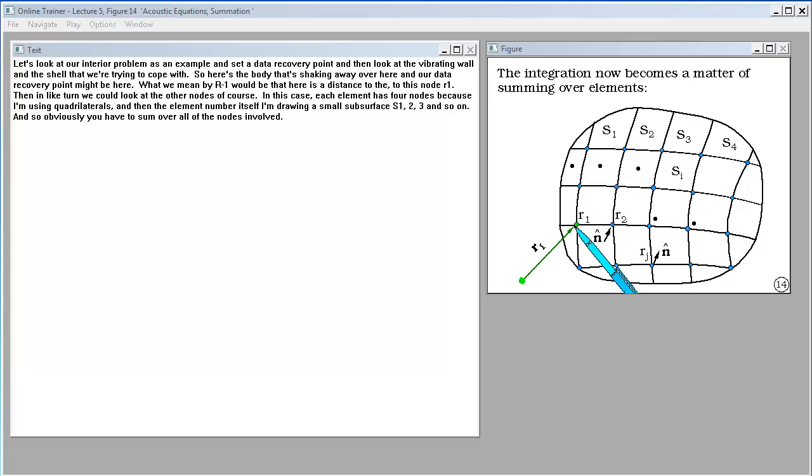Then, in like turn, we could look at the other nodes, of course. In this case, each element has 4 nodes because I'm using quadrilaterals. And then the element number itself, I'm drawing as small subsurfaces, S1, S2, S3, and so on. And so obviously you have to sum over all of the nodes involved.